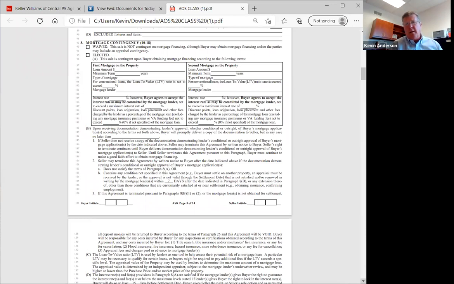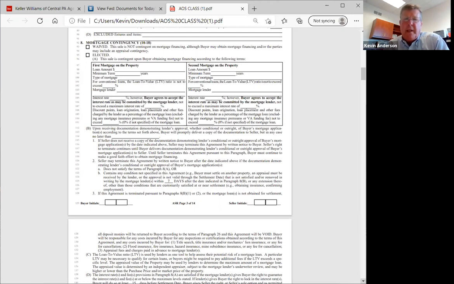It says right here, it's contingent upon us getting the loan with Members First or whomever. There's nothing that says that we have to contractually, legally, otherwise. But anyway, this is protection for you as a buyer's agent to make sure we put the interest rate, the maximum interest rate percentage they're willing to accept, and the maximum loan to value.